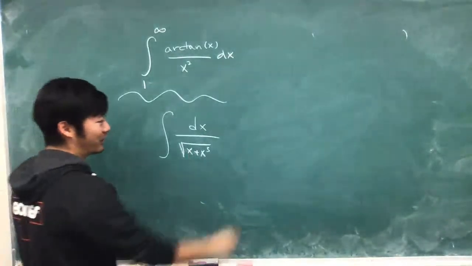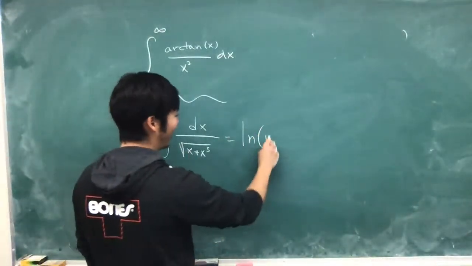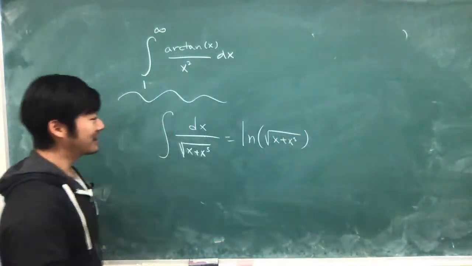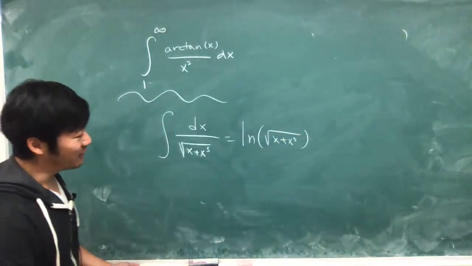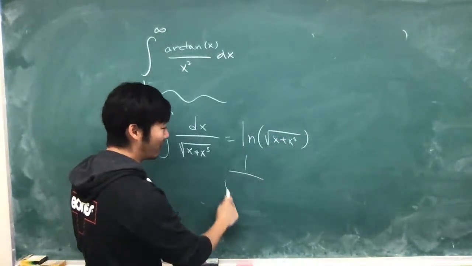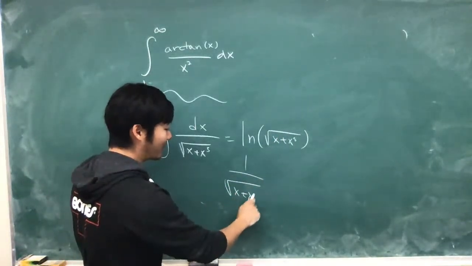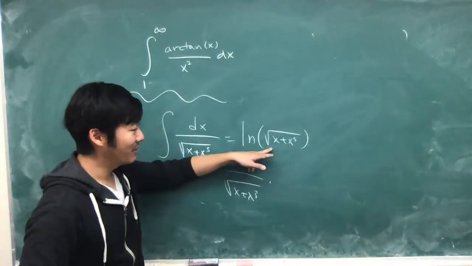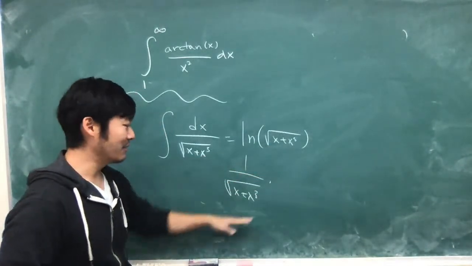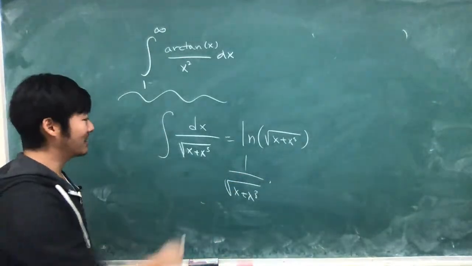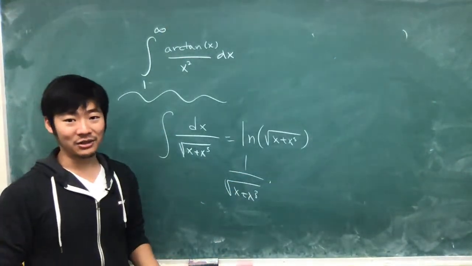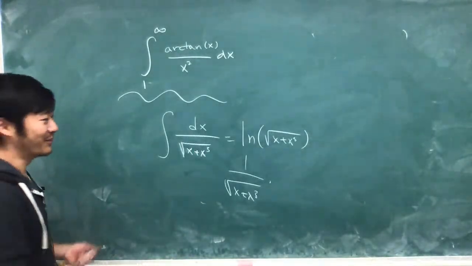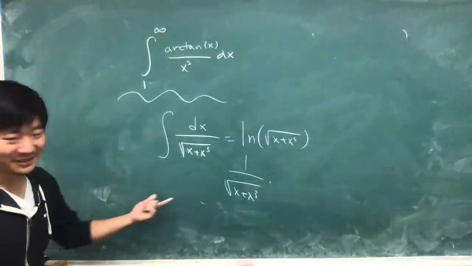Then wishful thinking is that it's going to be natural log of x plus x cubed plus c, because if you take the derivative, then you get 1 over this. However, you have to multiply by the derivative of the inside by the chain rule, which is going to mess everything up here. So just because it's 1 over something doesn't mean you should use log, ever. Well, not ever, but you should be careful.